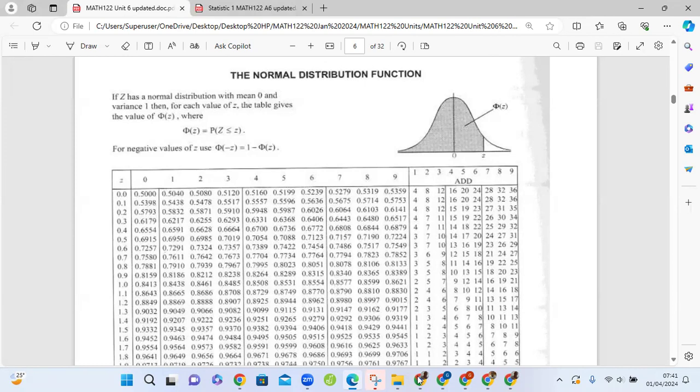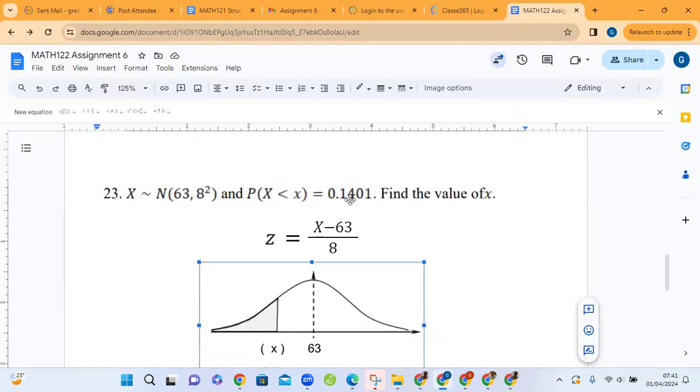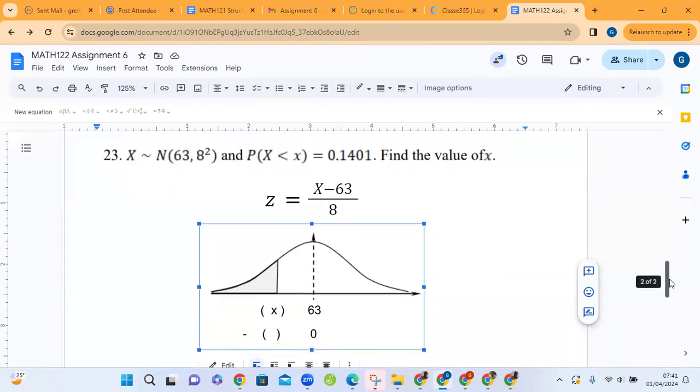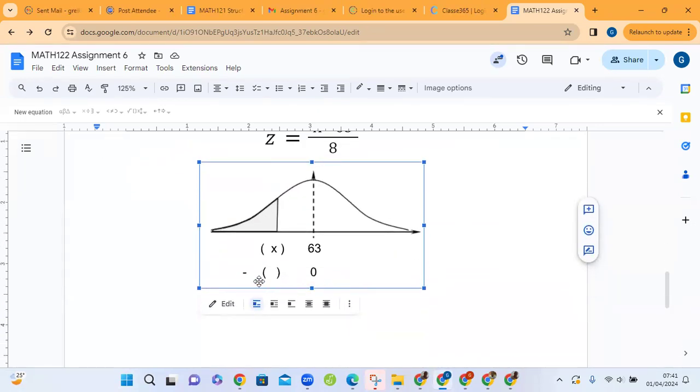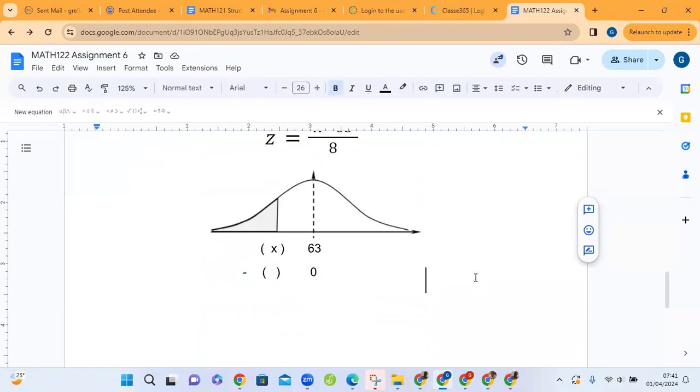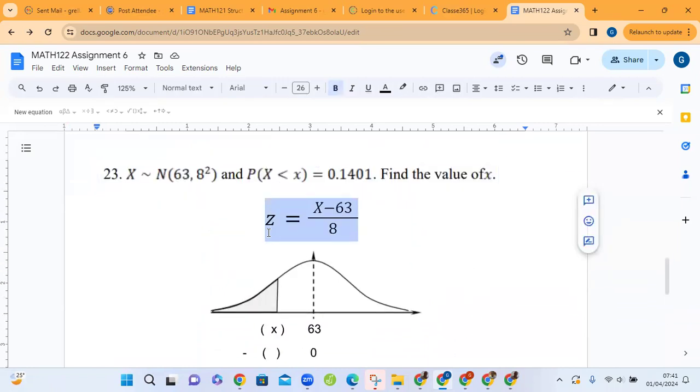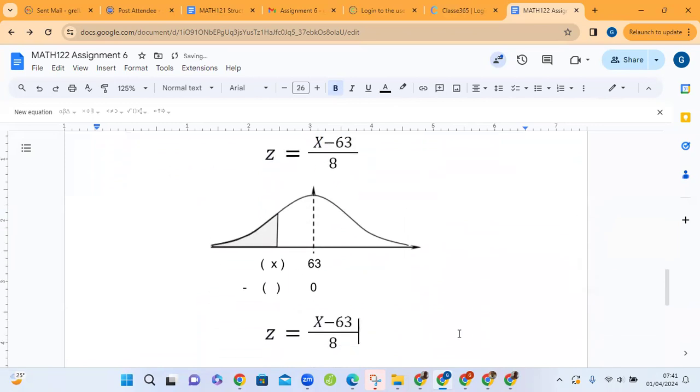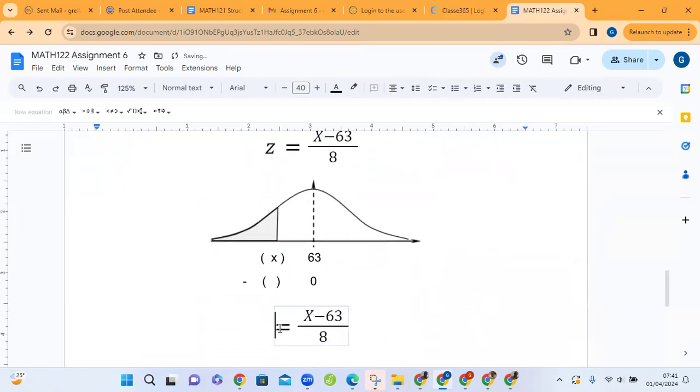So you subtract this probability value from 1 and go into the table and get the Z. And don't forget, to your Z you have to put a negative sign, and then reinsert it back into the Z formula. Whatever value you get, don't forget to put your negative sign, and then you solve for x.